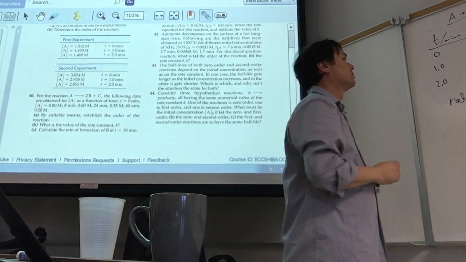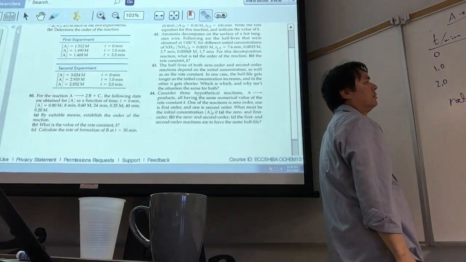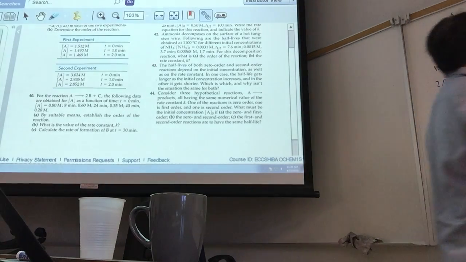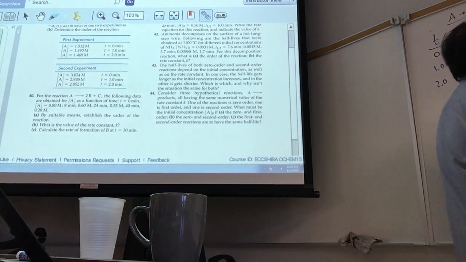So the slope, or K, between those 2 points. So K1 is going to equal A at time t, which is 1.490, minus A initial, which is 1.512, divided by the time interval. The time interval in this case is 1.0 minutes. And so the units here are going to be molar minutes to the minus 1, or molar per minute. So what does this come out to?